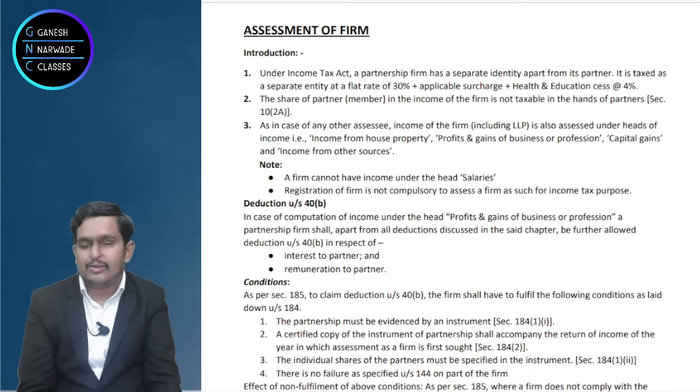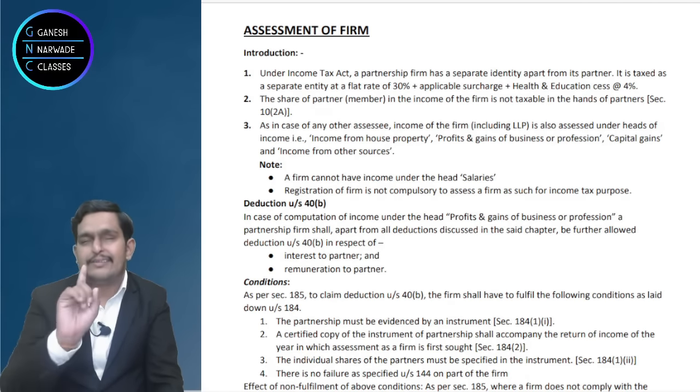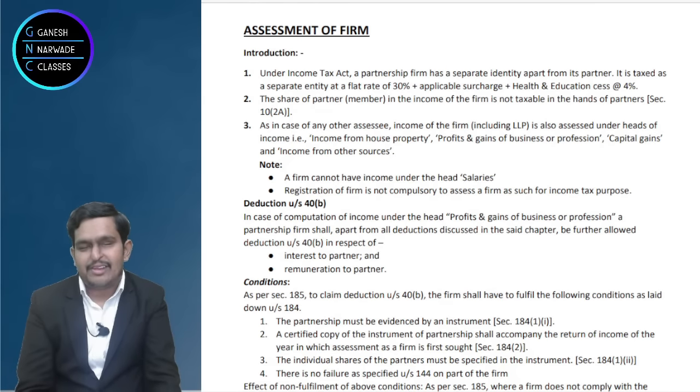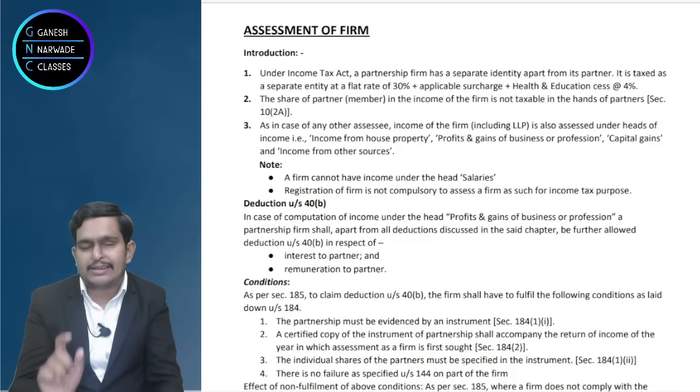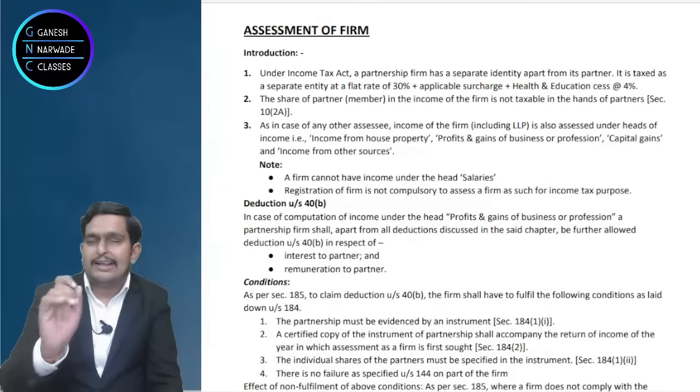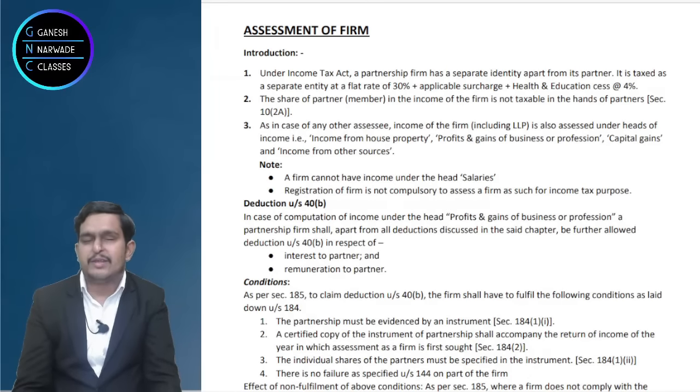Then what are the conditions under 184? You should have a partnership agreement, first thing. 184 says you should have a partnership agreement. Now we are not talking about the partnership being registered. We are only talking about the agreement. A written agreement should be there.